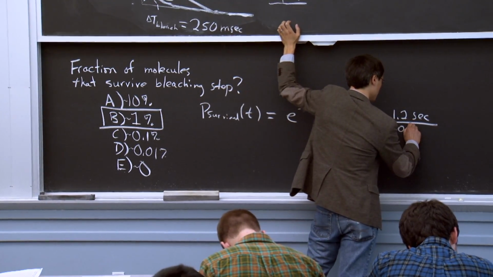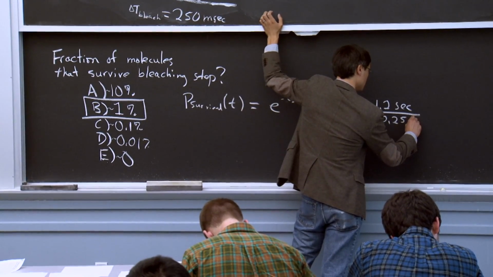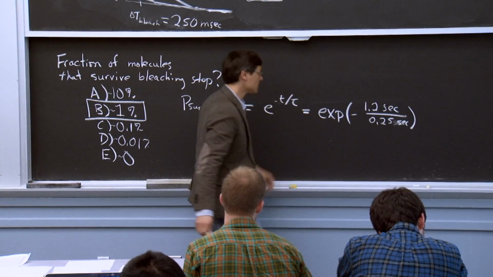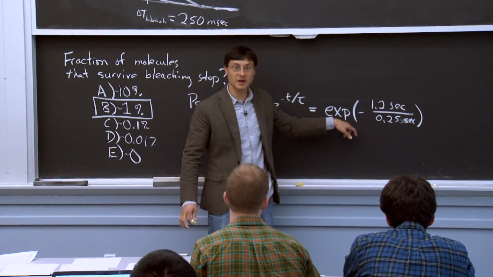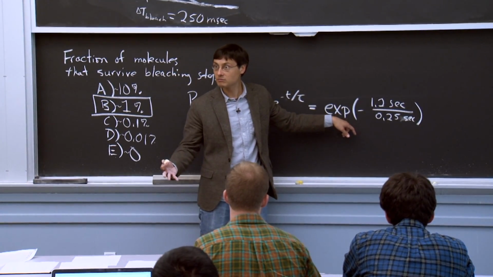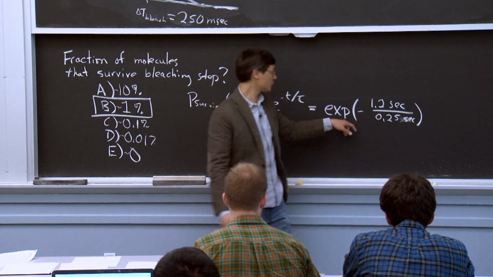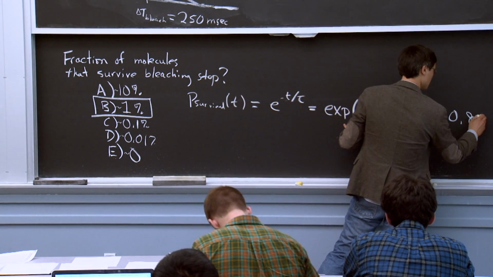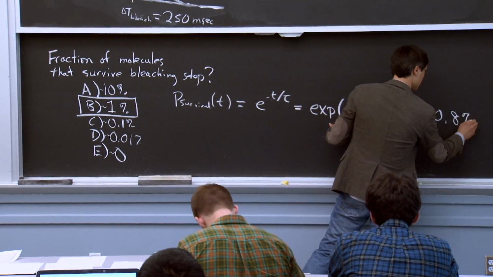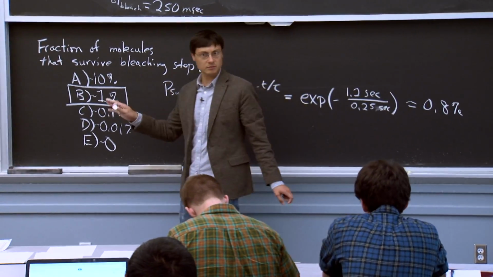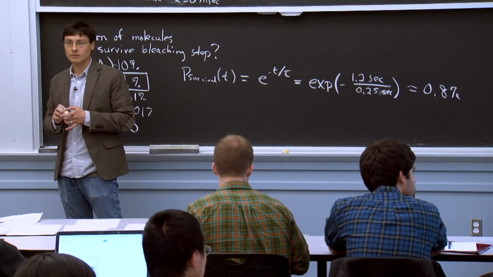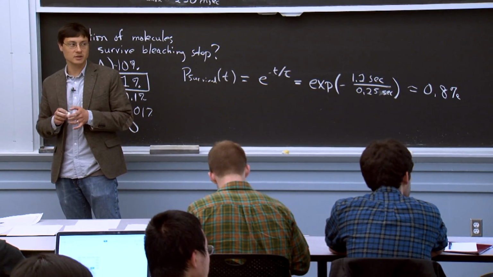So we can write 0.25 seconds. So this is approximately e to the minus 5, which indeed is equal to what I got, 0.8%. So it's around 1%. Okay. Are there any questions about this logic or this calculation?